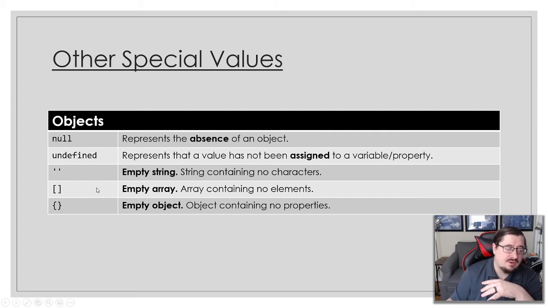So if I have an empty array, this is an array that doesn't contain any elements. Similarly, I might have an empty object. So this is an object that doesn't contain any properties, right? So empty string, no characters. Empty array, no elements. Empty object, no properties. So oftentimes we're going to treat these values in special ways, and we need to make sure that we pay attention in our code to deal with these cases.